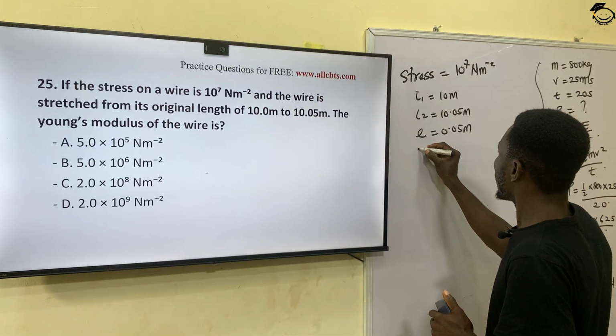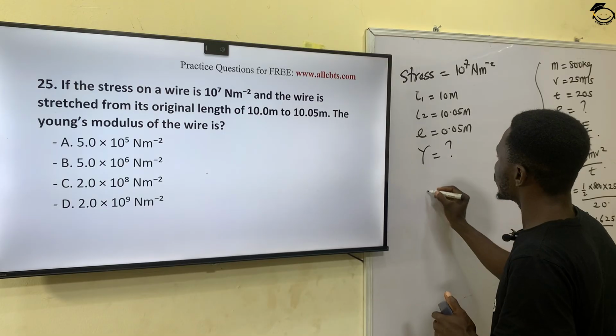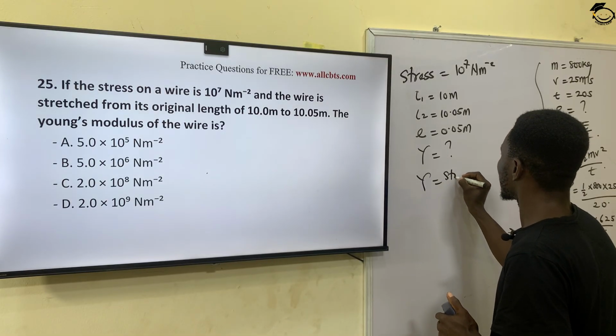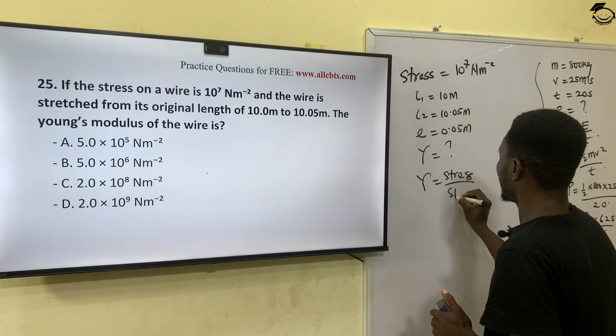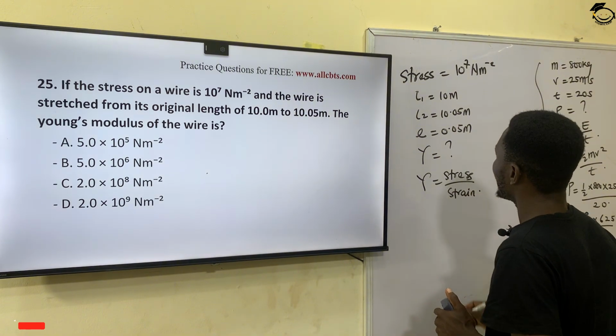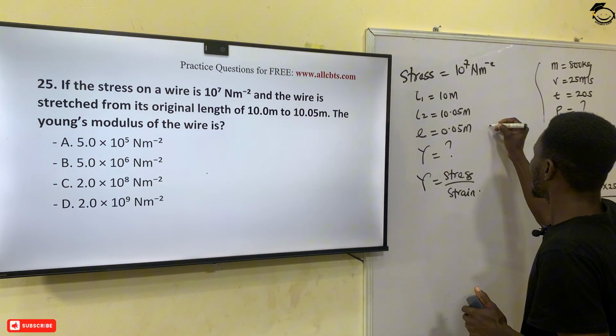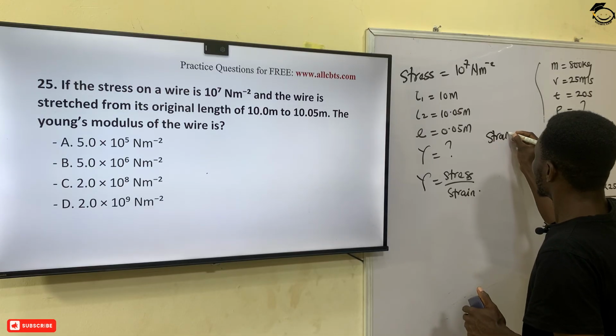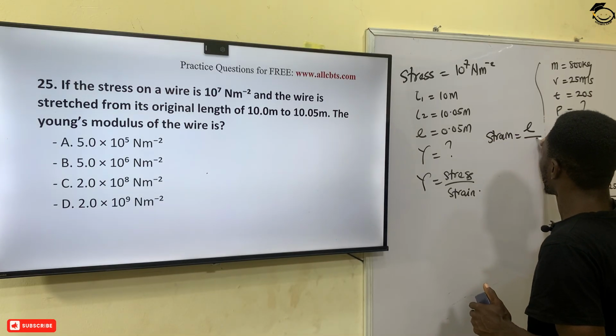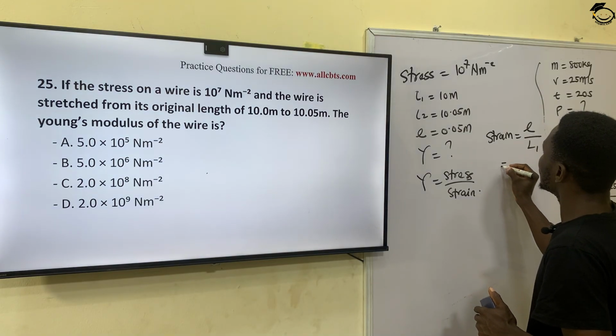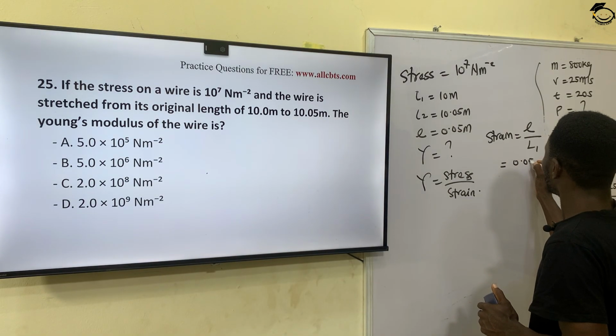So we are looking for our Young modulus. We do not know it, but we know that Young modulus is stress over strain. And for us to get our strain, we know that strain is equal to extension over original length, which is L1 in this case. So that will give me 0.05 divided by 10.